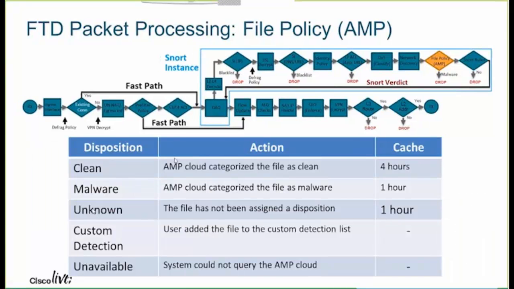So this is a condition wherein whenever we perform a cloud lookup, in case we are not sure what type of file it is, once the file passes through the network, we do a cloud lookup for that specific file. In case the cloud disposition comes back as clean, we save that specific hash value in the cache for up to 4 hours.